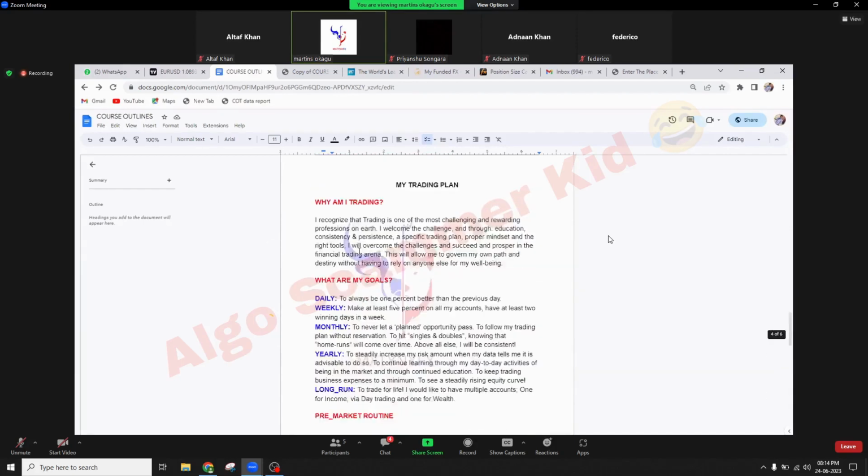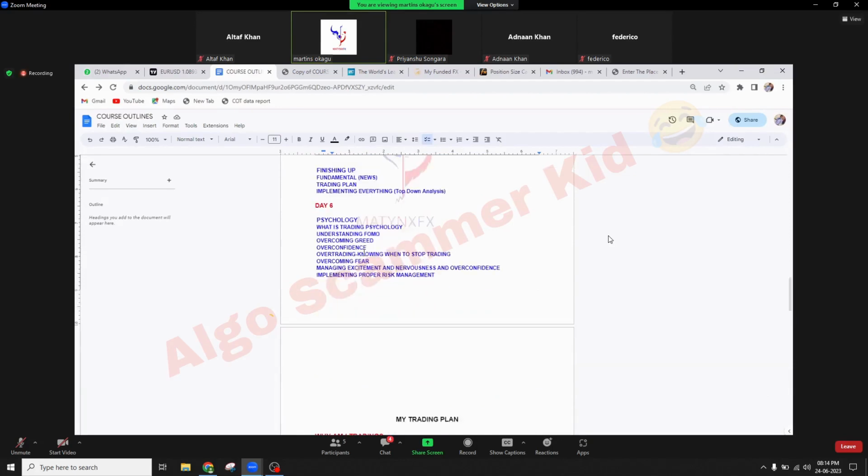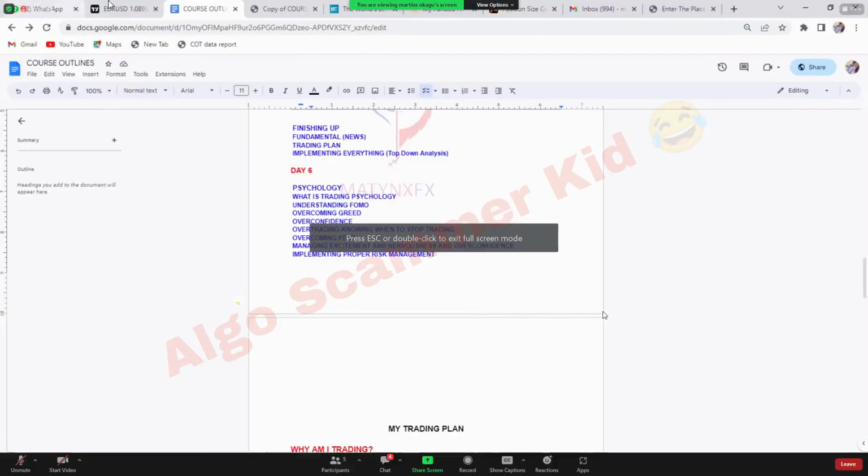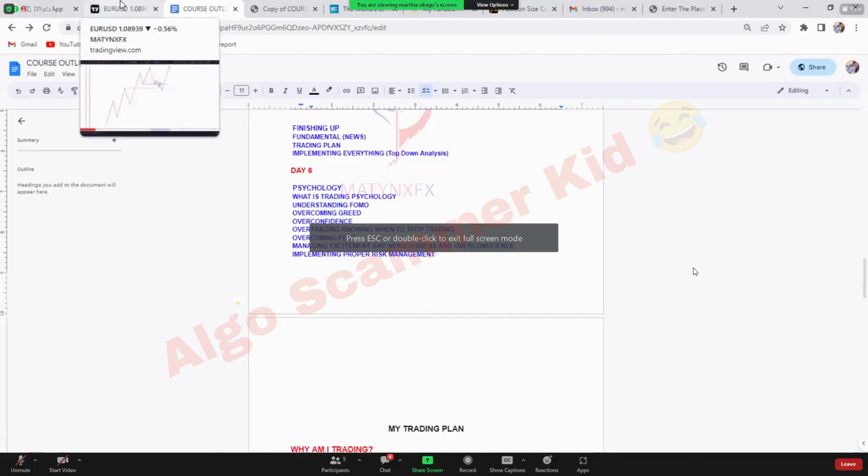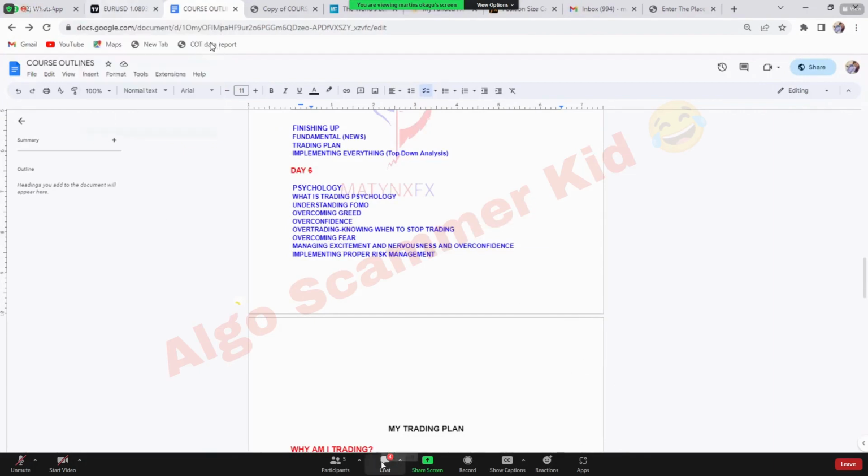And the next is how I actually trade, how I do my top down. I'll send it all in the group when you're added. I'll add you guys to the group tomorrow or the next day. No, it has to be before Monday. I'll add you guys to the group, okay? So any other question?